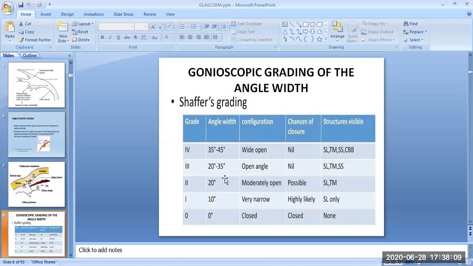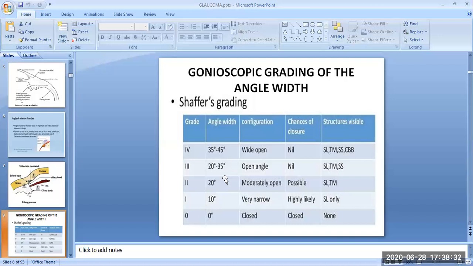Then in grade 2, the angle width is 20 degrees and the configuration is moderately open, and closure of the angle of the anterior chamber is possible. Only two structures will be visible, that is Schwalbe's line and the trabecular meshwork. In grade 1, the angle width is 10 degrees and the configuration is very narrow.